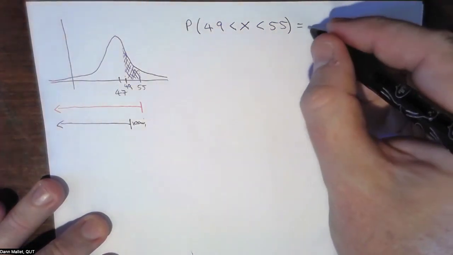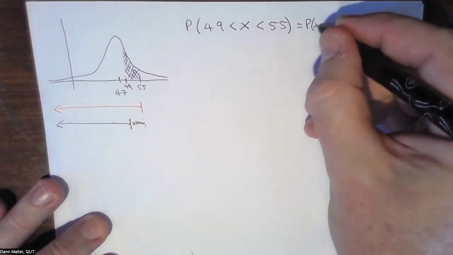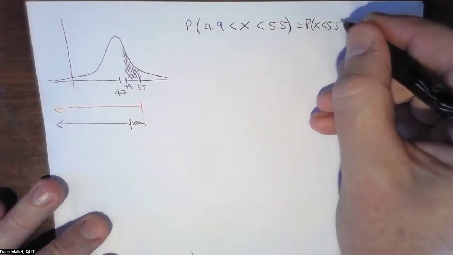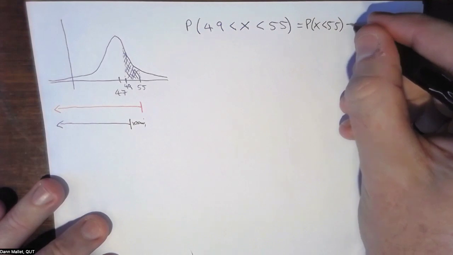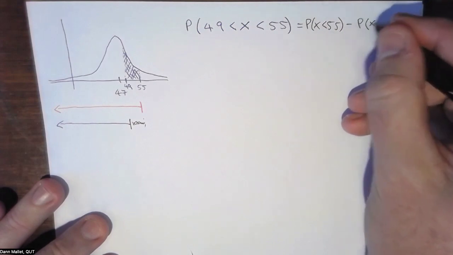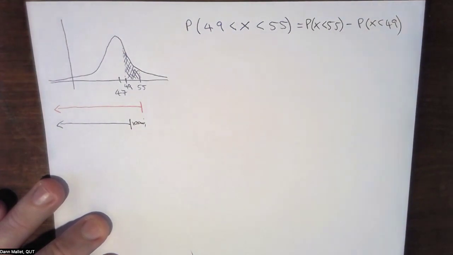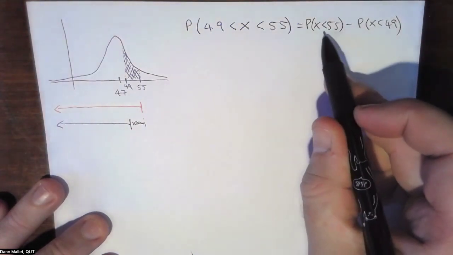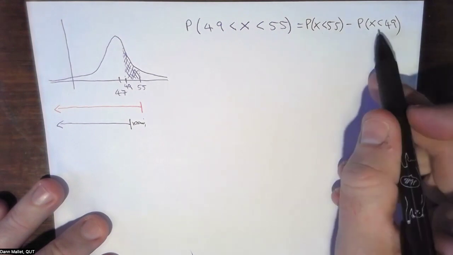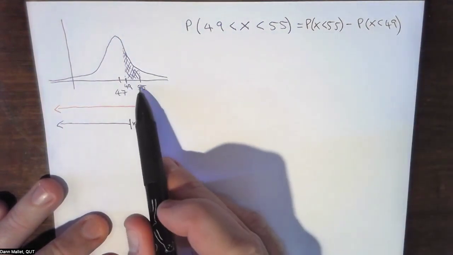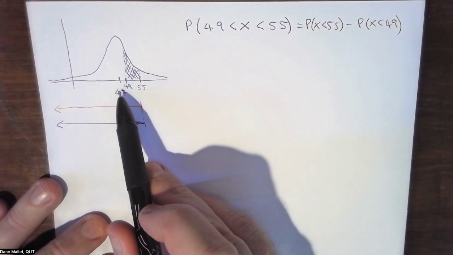So to do that, we're going to write that we have the probability that x is less than 55. We're going to subtract from that the probability that x is less than 49. So both of these are less thans, so we can use tables, particularly because they're both to the right of the mean of the distribution.